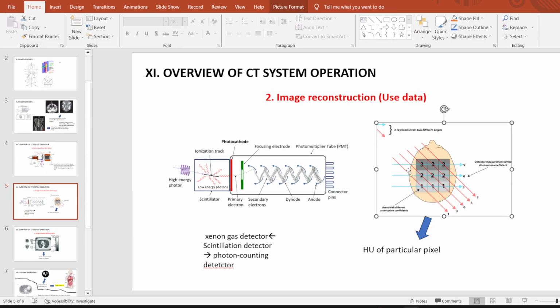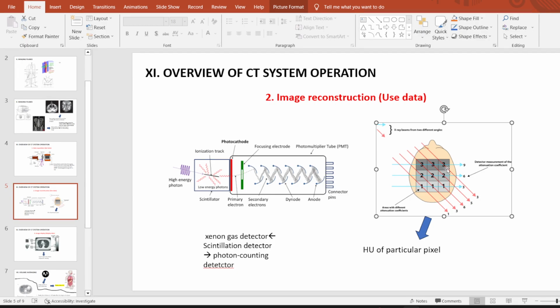For example, this is a matrix of three rows and three columns. After applying math, we can label each pixel in this matrix with a single particular Hounsfield unit.